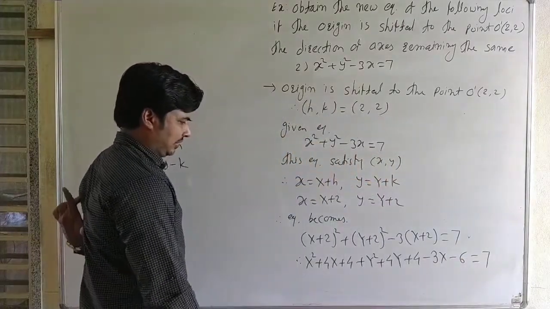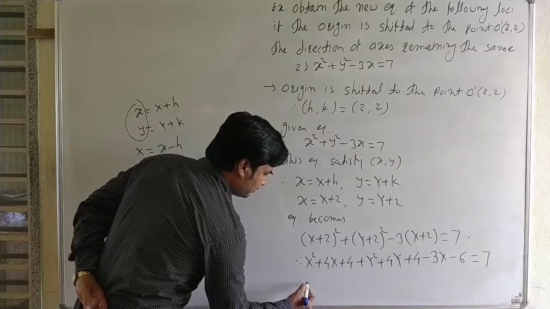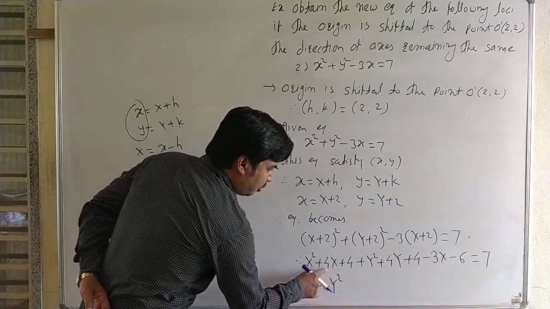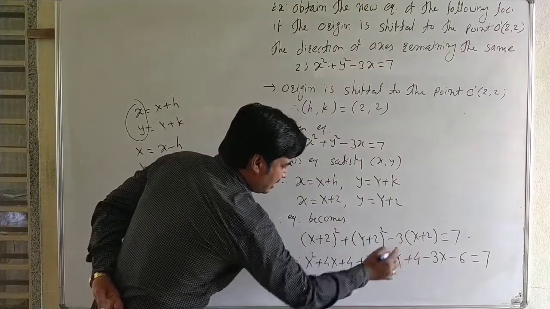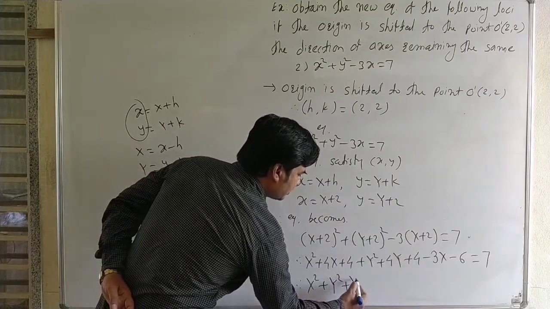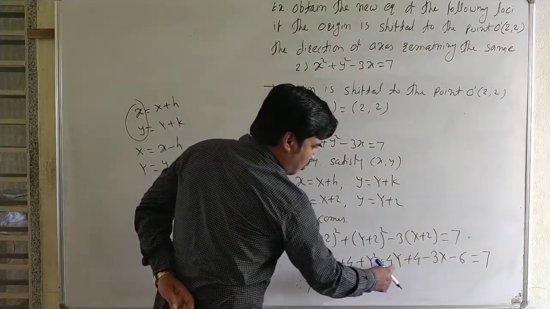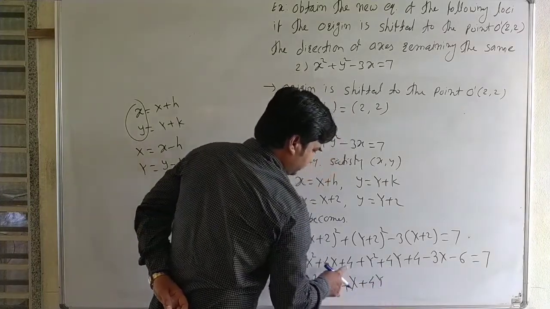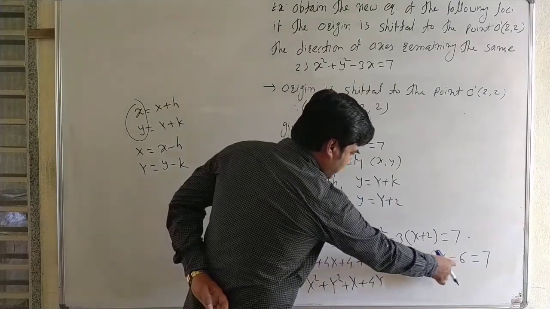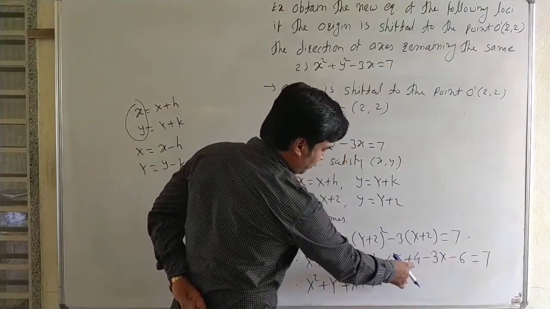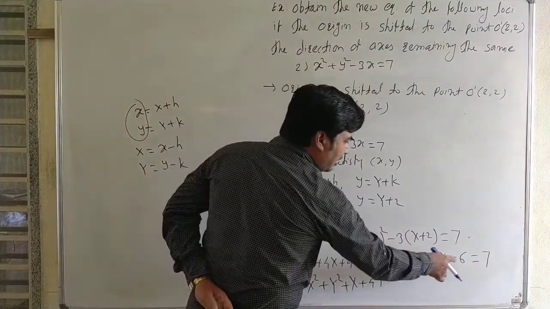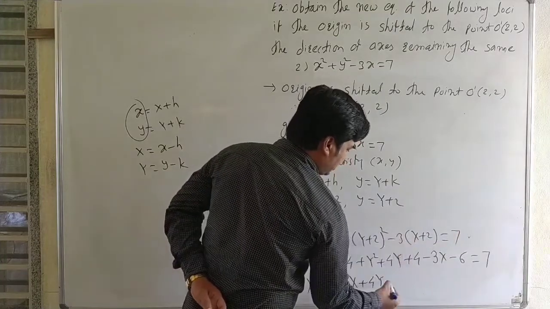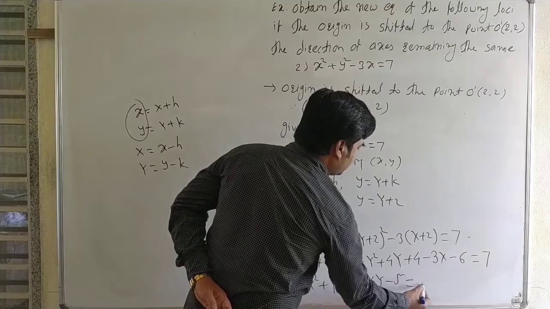Now the new equation is X square plus Y square, 4X minus 3X is plus X, then plus 4Y, and then 4 plus 4 is 8, and 8 minus 6 is plus 2, and 7 on this side becomes minus 7, that is minus 5 is equal to 0.